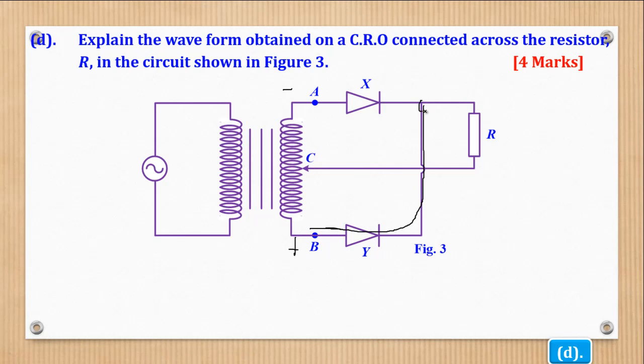Now at this point, there would be two options, going this side and going this side. But where does it go? It will automatically go this side. Do you know why? It is because in this direction, diode X does not conduct. So the only option is to go here like this. Now do you notice the direction? It is still downward.